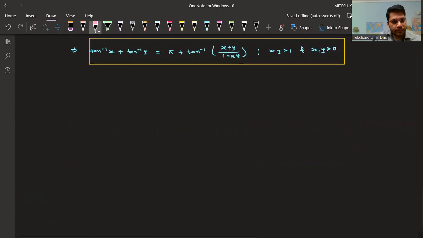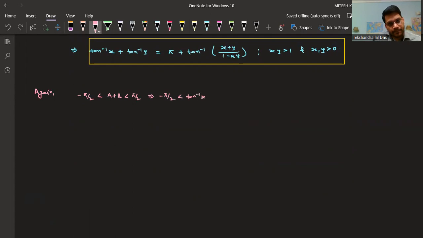So now minus pi by 2 to a plus b between pi by 2. Okay, so minus pi by 2 here, tan inverse x plus tan inverse y. Okay, here pi by 2.